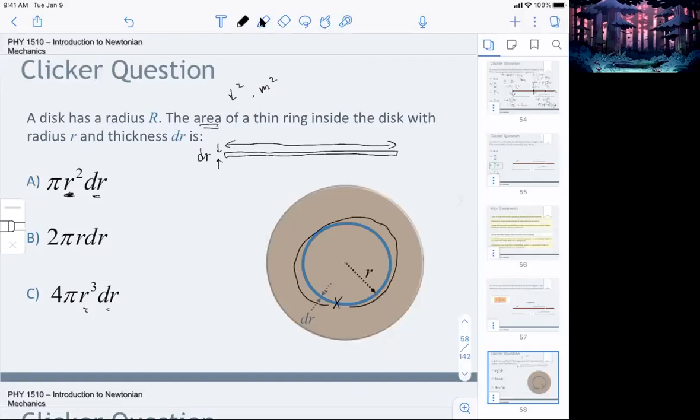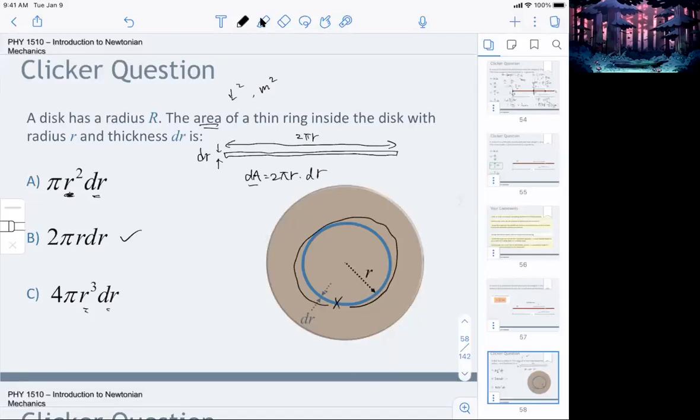The circumference of the ring with a radius r is 2 pi r, right? So you can expand this ring into a long rectangle, and the area is going to be 2 pi r, that's the length, times the width, which is dr. So B is the correct answer, okay?